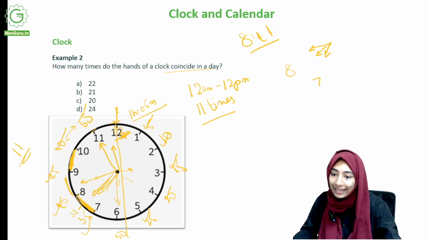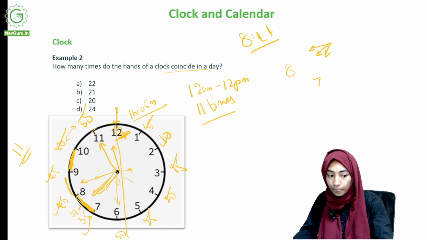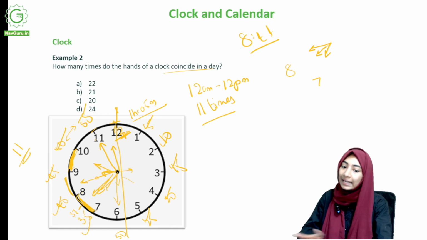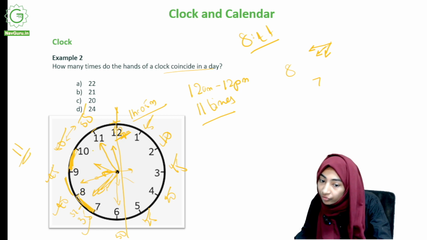Then between 9 and 10, it will coincide between 9:45 to 9:50. Similarly, between 10 and 11, it will coincide between 10:50 to 10:55.